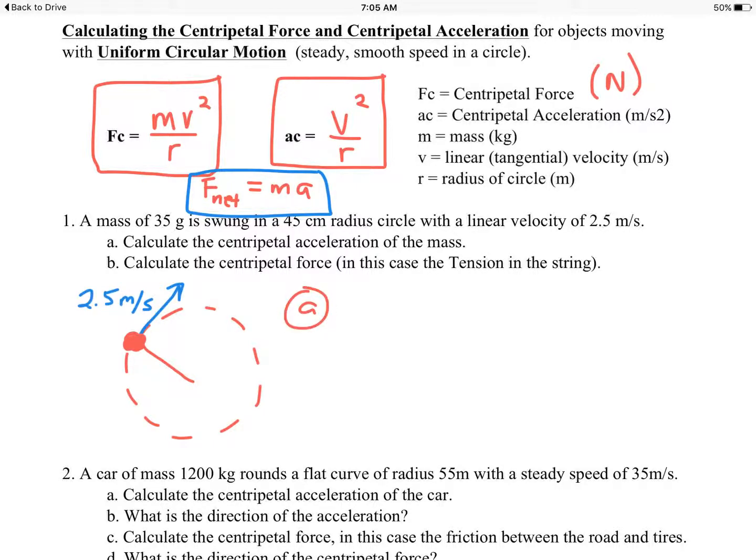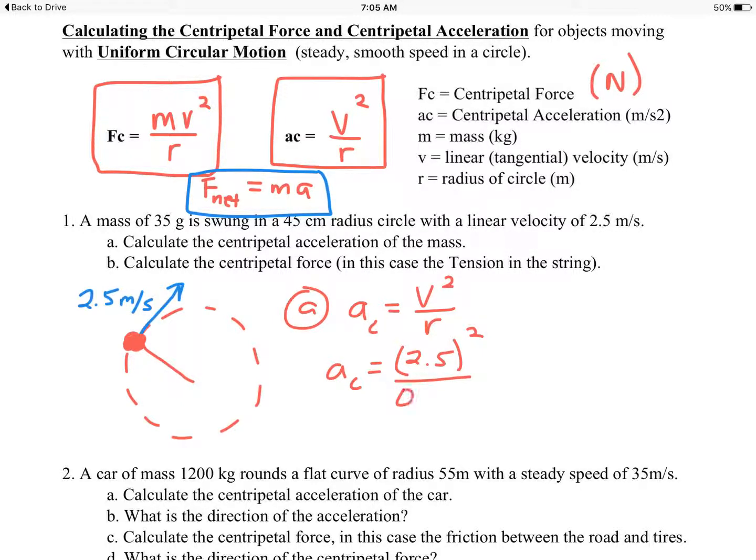So the centripetal acceleration, a sub c, will be v squared over r. Check our units. We want v in meters per second, which it is, so that's 2.5 squared. We want the radius in meters. It's given in centimeters.